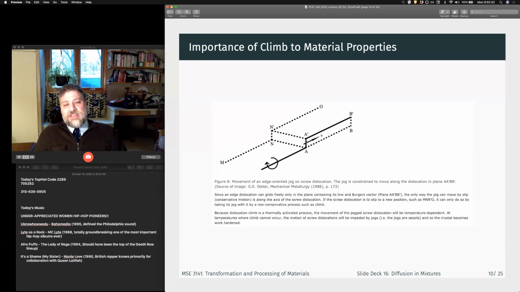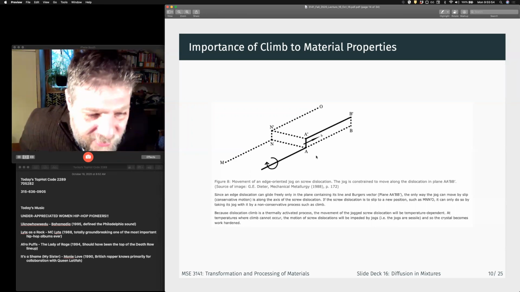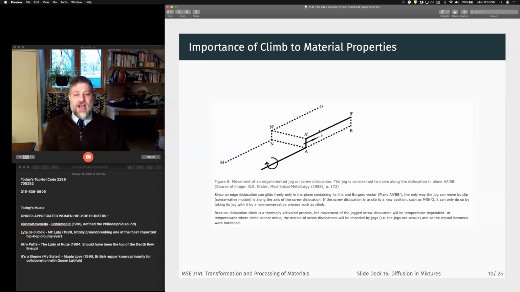So that means this edge part here has to climb so that this screw part can glide, right? So if you don't 100% get this, that's fine. This is a bit of a diversion from what's important for this class.